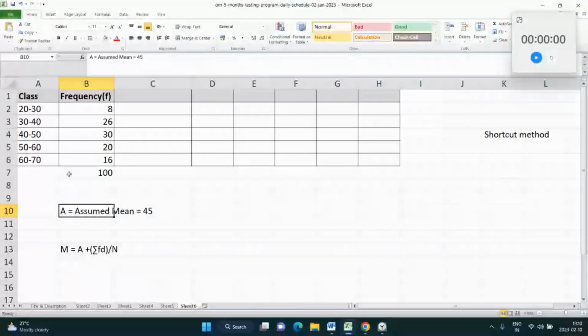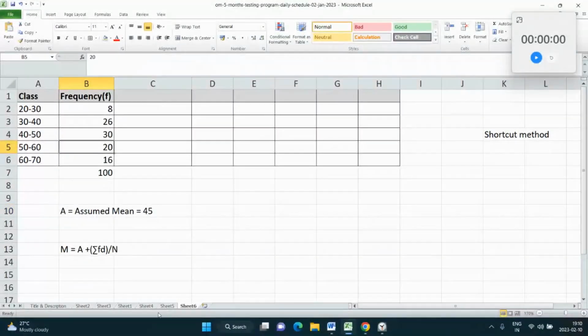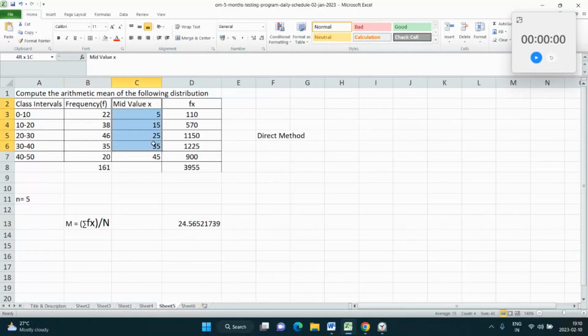See, so far we have been just taking the mid value and multiplying it with the frequency which is given in the problem. This is the problem statement. Problem has the class interval and the frequency. You are finding out the mid value of this, and then you are multiplying it with the frequency.